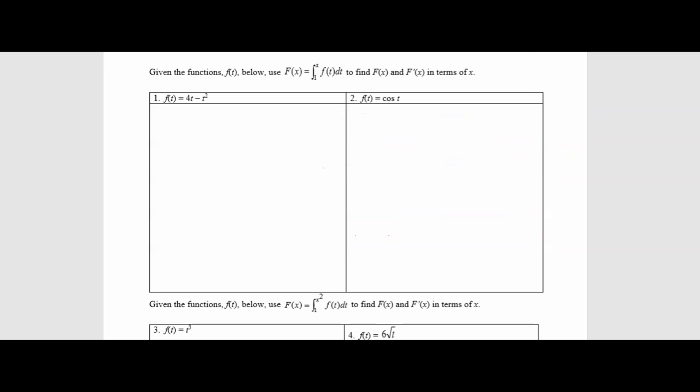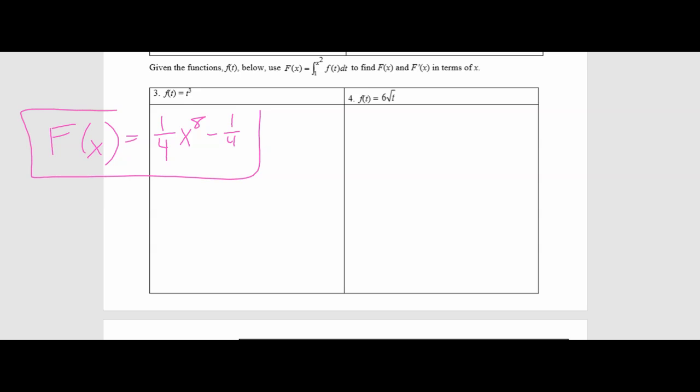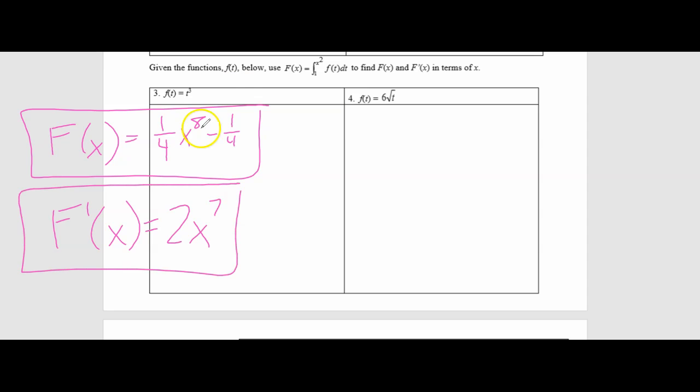If we hop down here to number 3, I have f of x being equal to 1/4 x to the 8th minus 1/4, which means f prime of x is equal to 2 x to the 7th.